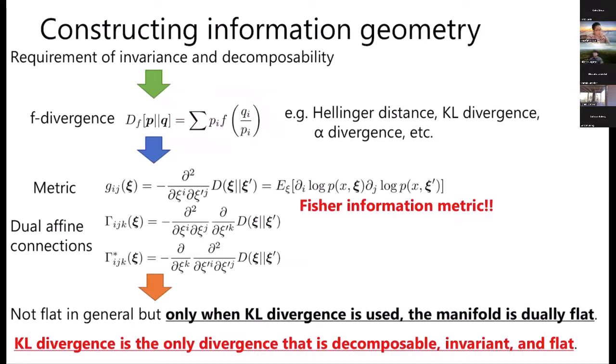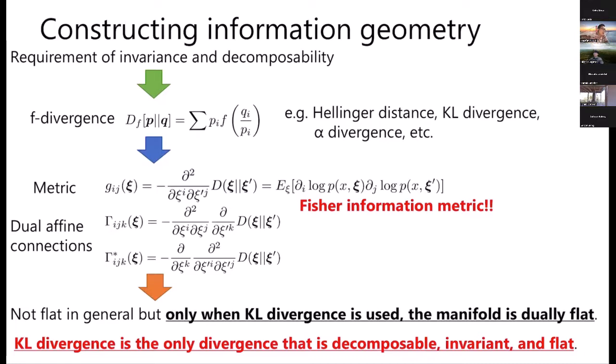And we can, again, derive the metric from the f-divergence. But interestingly, even if we consider the general f-divergence, what we get as a metric is always the Fisher information metric. So the Fisher information metric is a very unique metric, right? Just with the invariance criterion, we always end up with the Fisher information metric. And then we also get dual affine connections, gamma and gamma star.